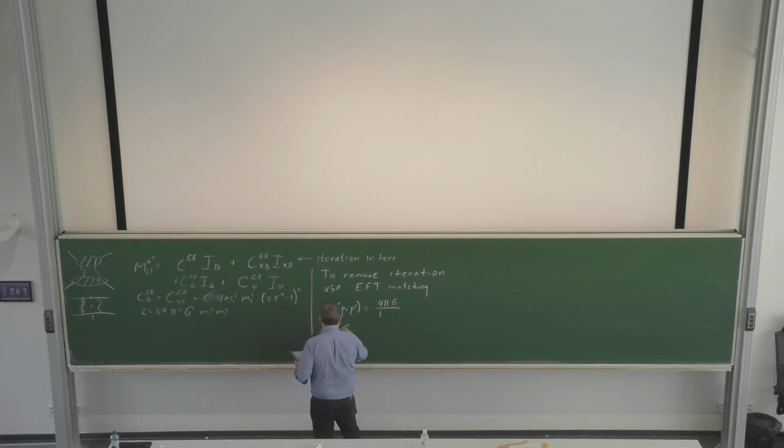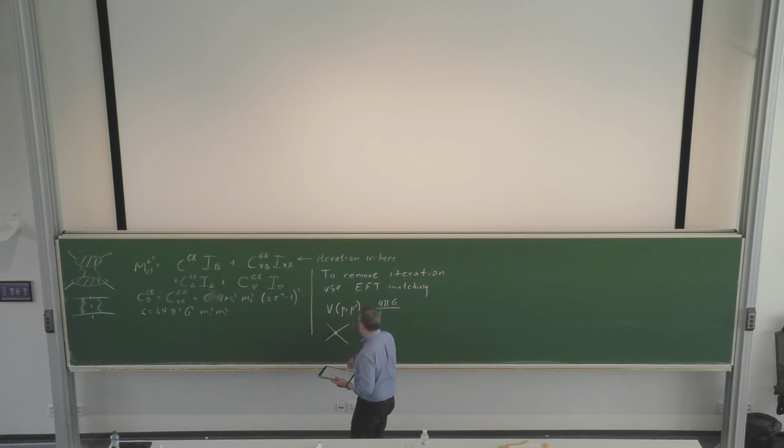So there's some scattering, there's a potential here. We have P coming in here, minus P, we're working in the center of mass, and then P prime goes out, and there's a minus P prime over here. So this is coming in, and this is going out.